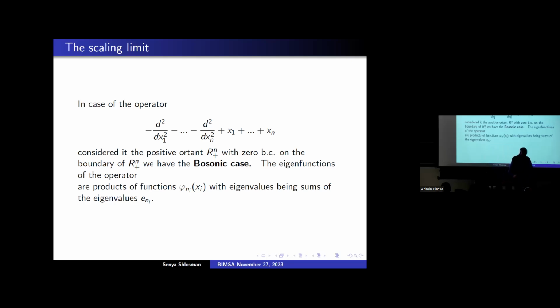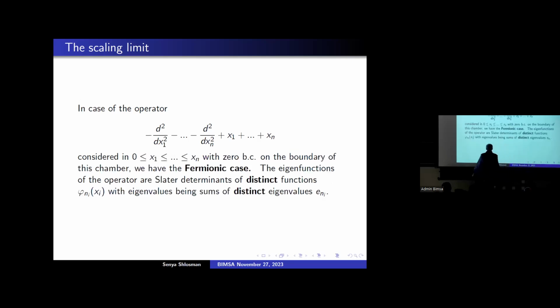Okay, and then there is another case which is important to us. It is the case when you are trying to solve the Dirichlet problem in this chamber. There you also can write down the eigenfunctions. What you have to do is take n different eigenfunctions and form a determinant, the Slater determinant.